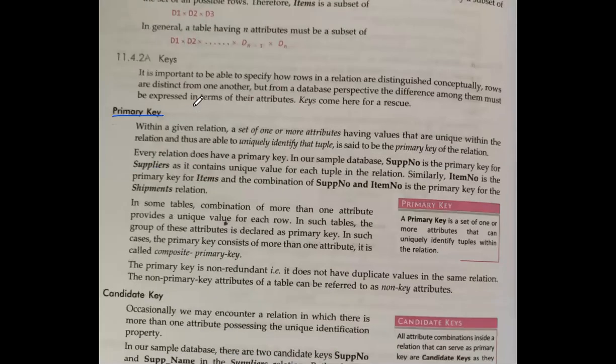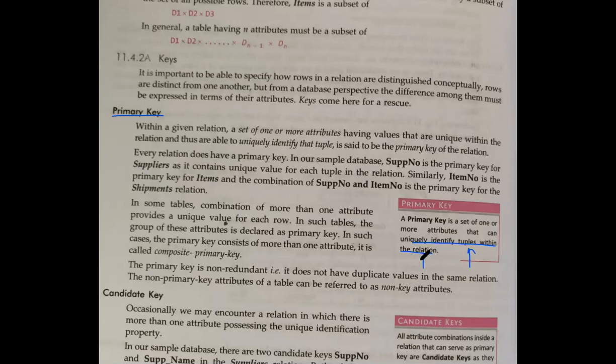You can see here, it is a set of one or more attributes that uniquely identify the tuple within the relation. Yesterday only we discussed tuple. What is the meaning of tuple? Any one of you? Tuple means record. Very good. Every record of a table is called a tuple.